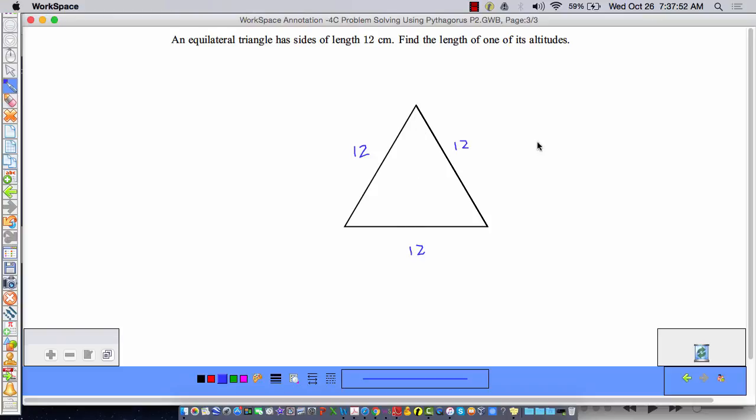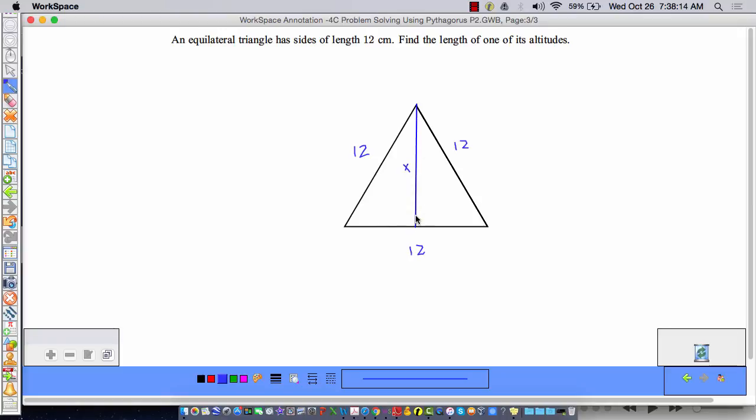All of its altitudes are going to be the same, and recall that an altitude is a line drawn from any vertex perpendicular to the opposite side. I'm going to choose from here to here, but it could have been any of them. I'm looking for that length, x.